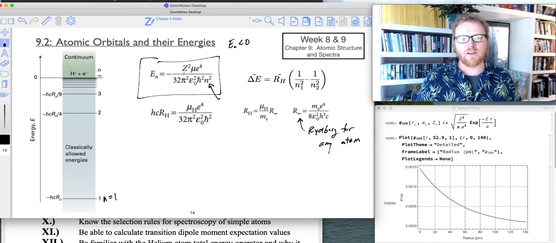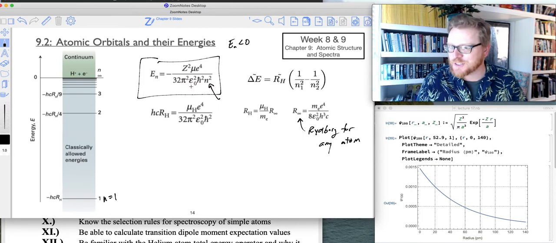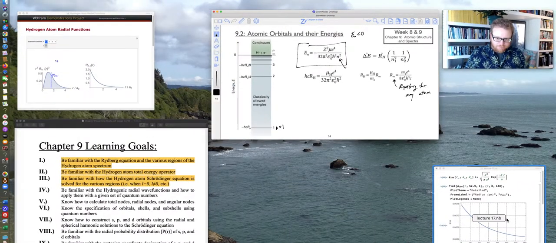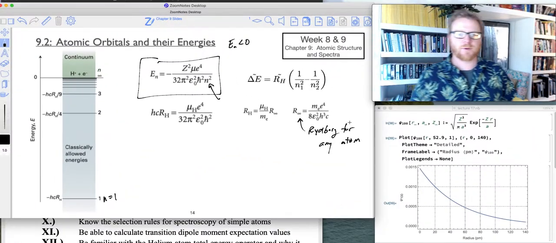It's a collection of all of these constants that you see in this energy solution: e to the 4th power, epsilon squared, h bar squared and h, and I'll describe why those are slightly different, why we've got the product h and c. I'll describe that momentarily.